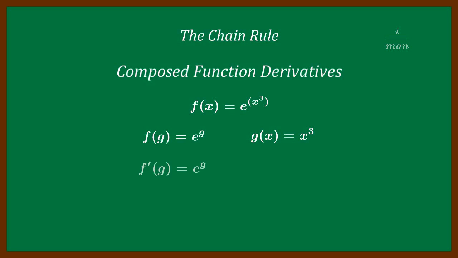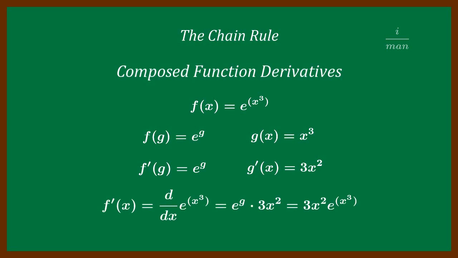F prime of g is again e to the g, whereas the derivative of g with respect to x is 3x squared. So using the chain rule, we multiply those together and get that f prime of x is 3x squared times e to the g, which is the same as 3x squared times e to the power x cubed.